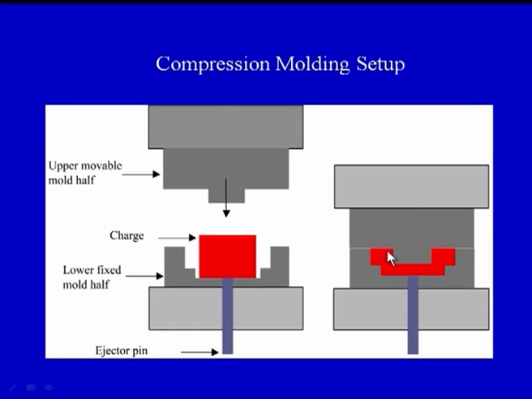Finally this product can be taken out with the action of the ejector pin, which would just give a gentle tap on the product and the product would jump out of the lower fixed mold half.